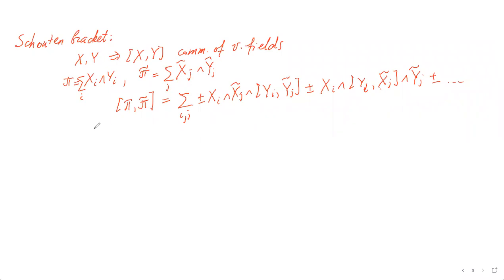So what you obtain will be a unique bilinear operation on polyvector fields.